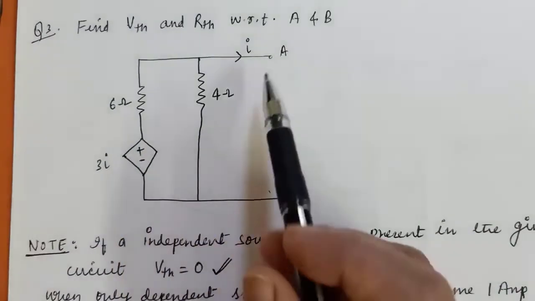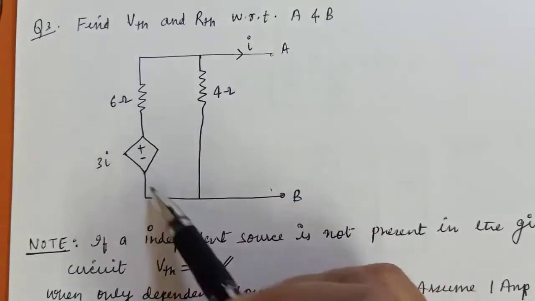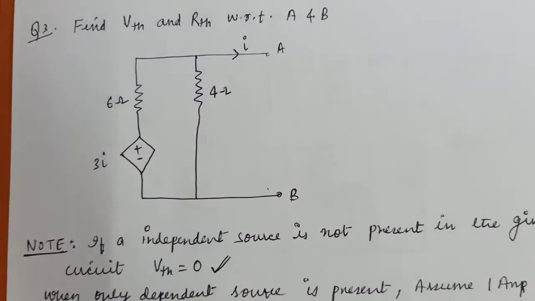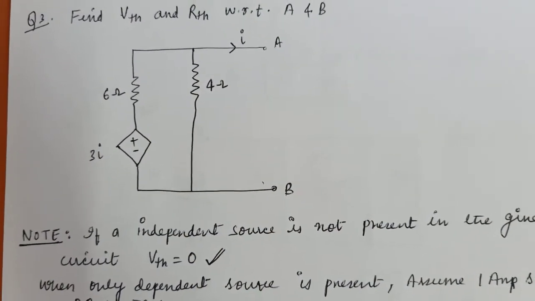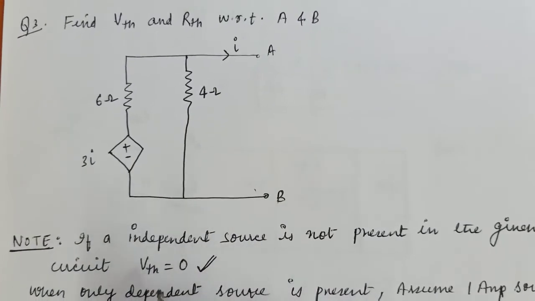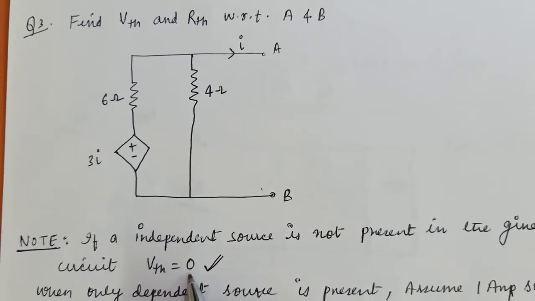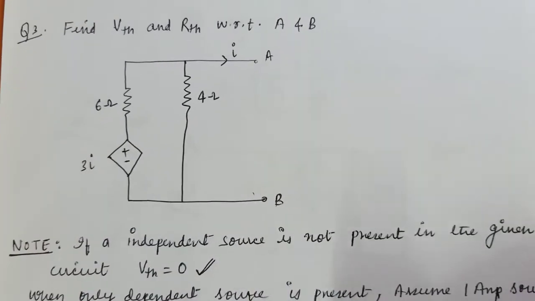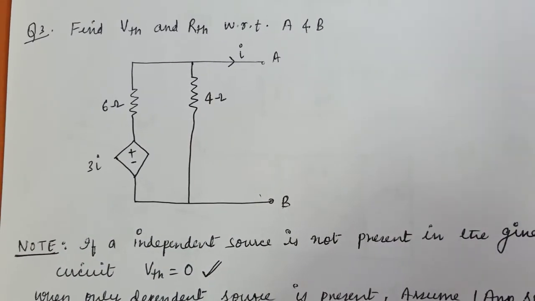This is already depending on this current. No independent voltage source, no independent current source is there. So if an independent source is not present in the given circuit, then V Thevenin will always be 0. You need to keep this in your mind. So V Thevenin will be 0.